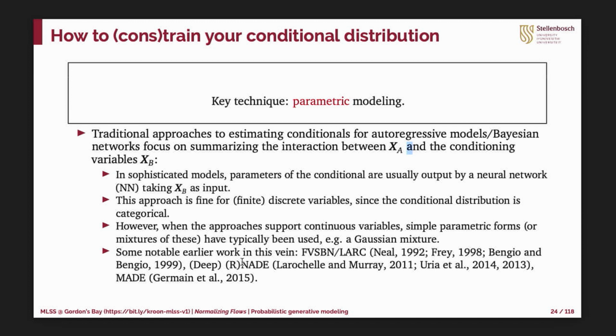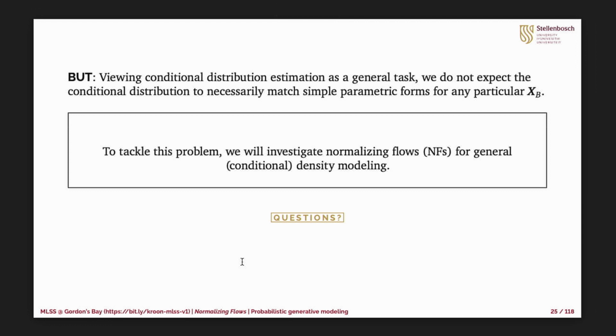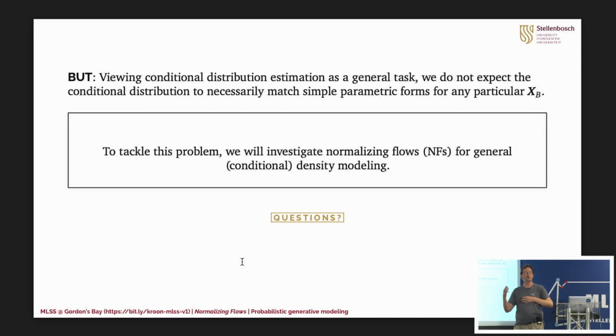A lot of work has been done in this sort of space earlier, but it's all around this idea of, I assume that there's a certain form of distribution and I want the parameters. The problem is if we start going down very complicated Gaussian mixture models, it gets quite involved. But if we keep the distributions very simple, we can't necessarily fit things well.